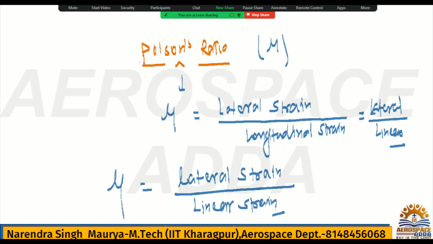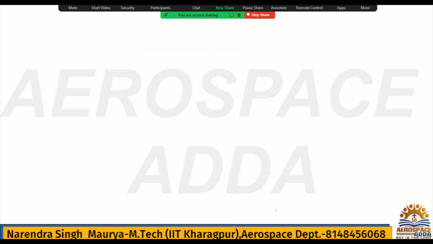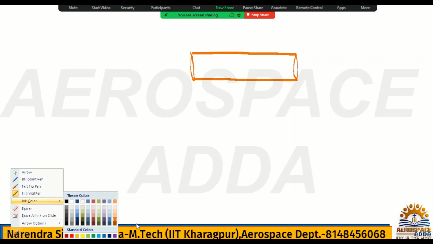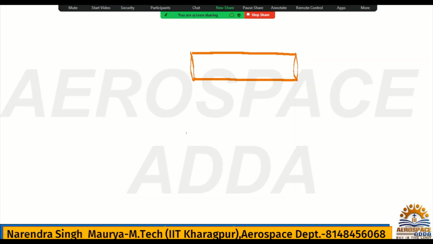Now in a diagram, how will you see the Poisson ratio? It's very simple. You can take this bar, a simple prismatic bar, just like this. Now this bar is subjected to a tensile load, so obviously the bar length will be increased something like this.